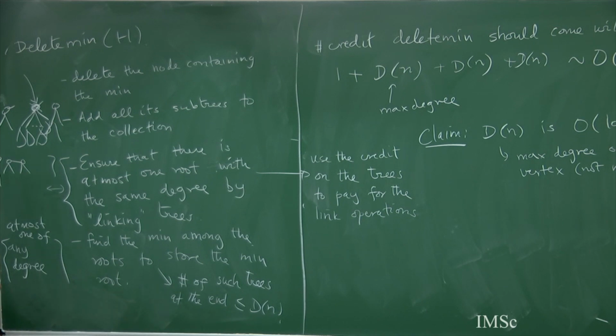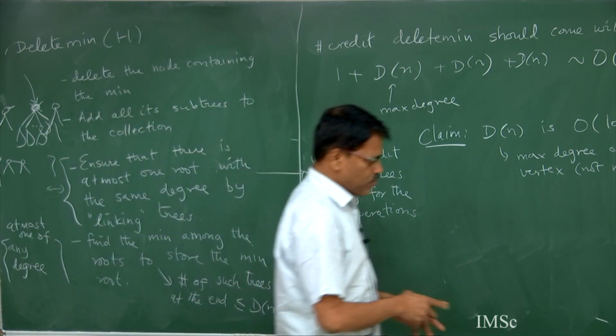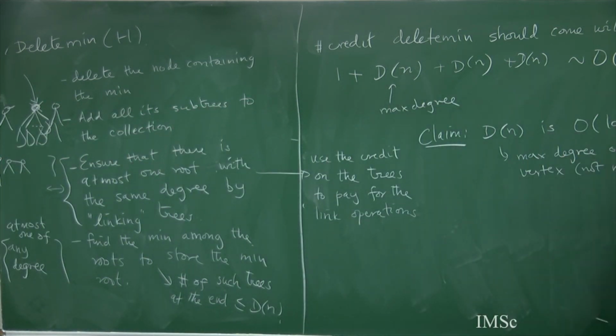Okay, so all we have to do is look at any point of time at any node in your collection, in your forest. If the total number of nodes is n, the maximum degree is some order log n, and more precisely, we will show it's log n to the base phi, which is this golden ratio.